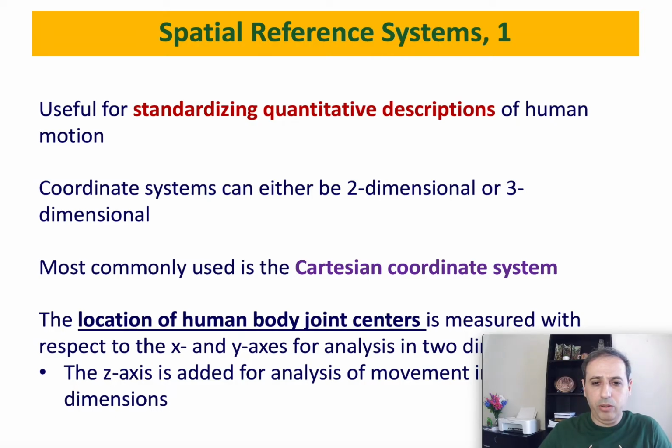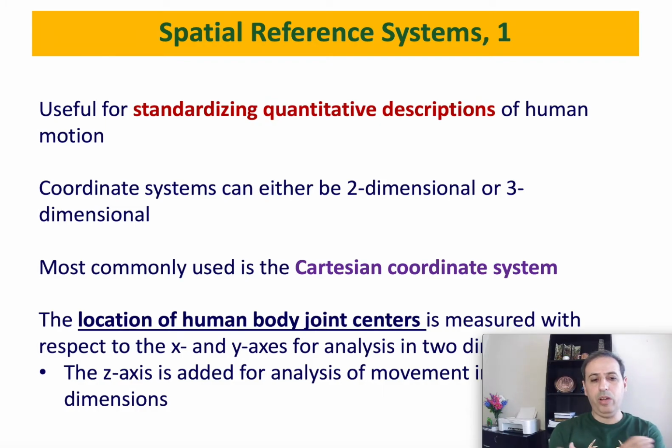The location of the joint centers is the first very important location that we need to be able to identify and discuss. It is measured with respect to x and y in a two-dimensional analysis, and the z-axis is used for a three-dimensional analysis.